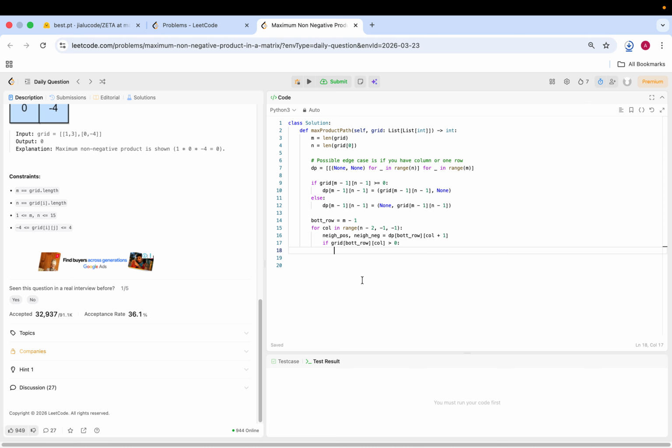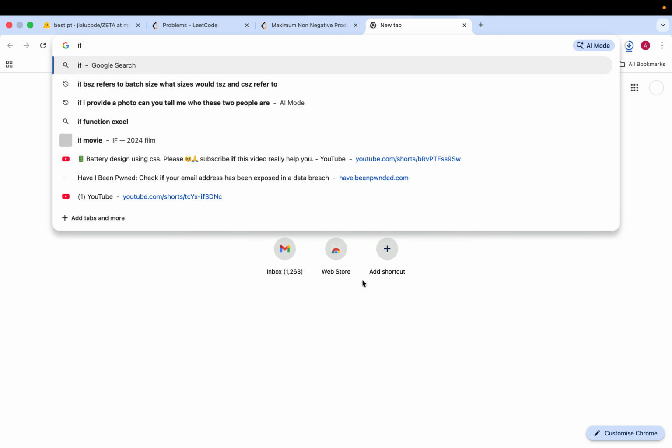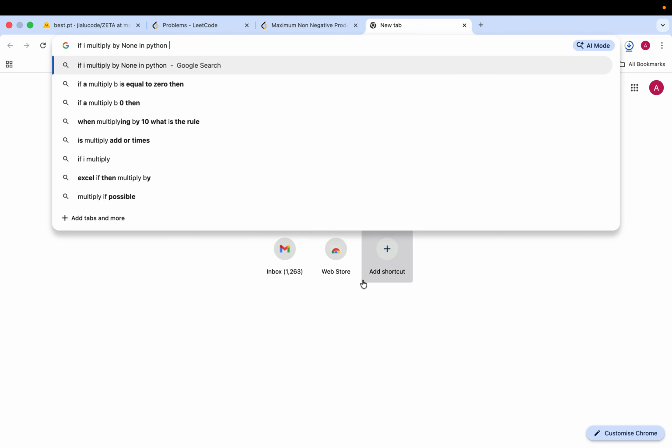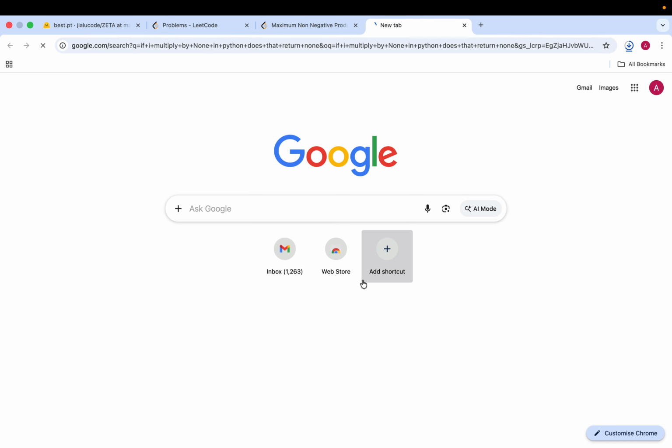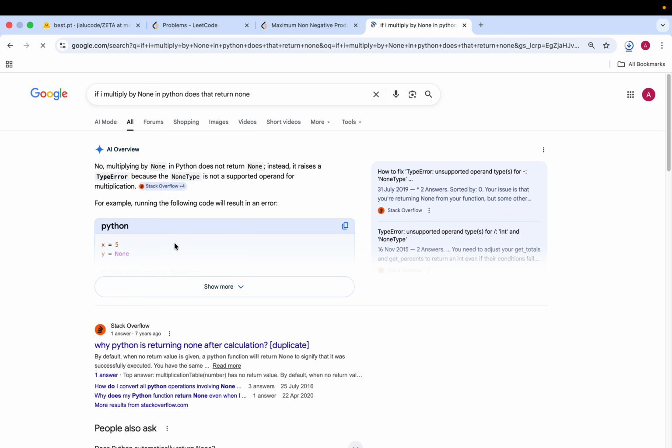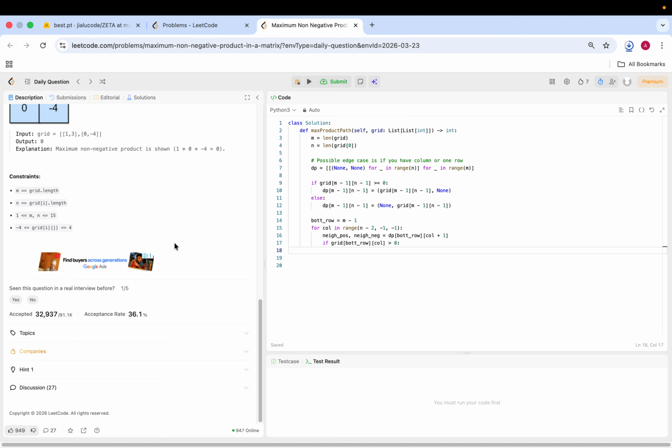If I multiply by none, does that give me none? If I multiply by none in Python, does that return none, or is that an error? It probably is an error, but yeah, fair enough.